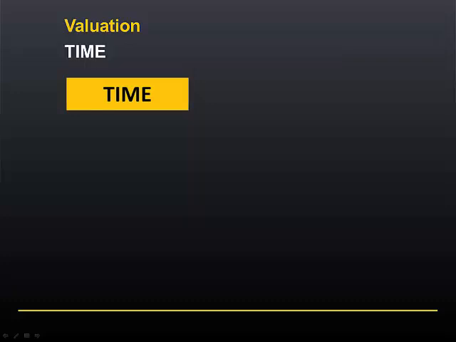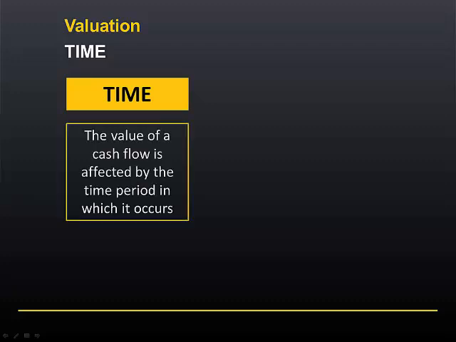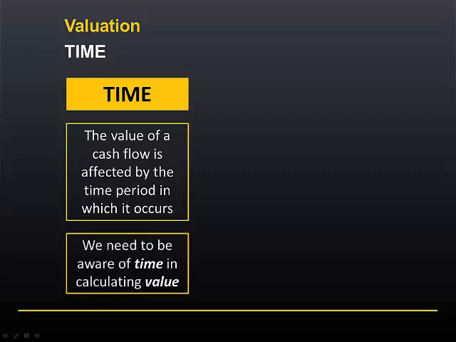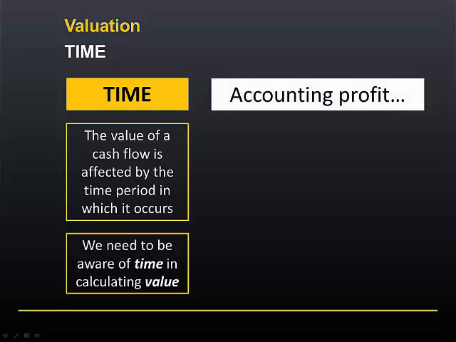The reason time is important is because the value of a cash flow is affected by the time period when it occurs. The further into the future a cash flow occurs, the less valuable it is today. We need to take account of time whenever we calculate the value of a cash flow. Again, we can make a comparison between cash and accounting profit.